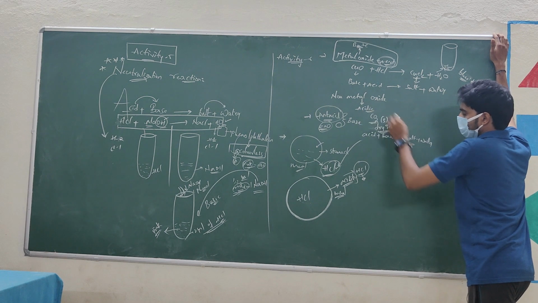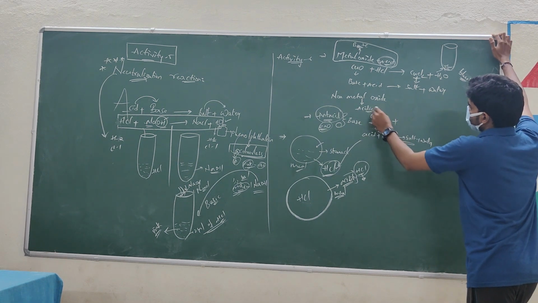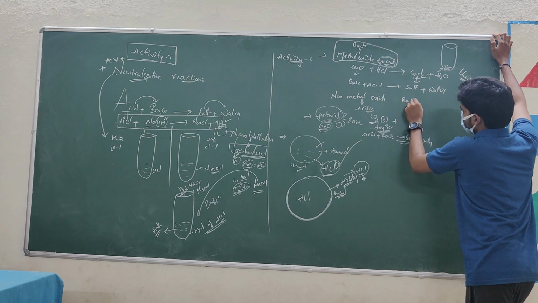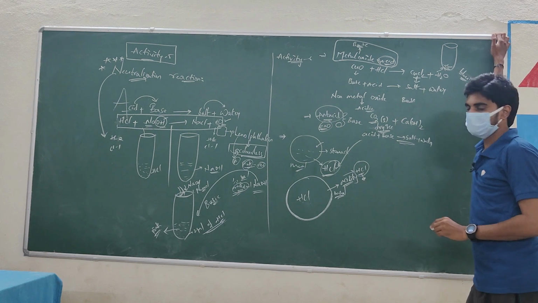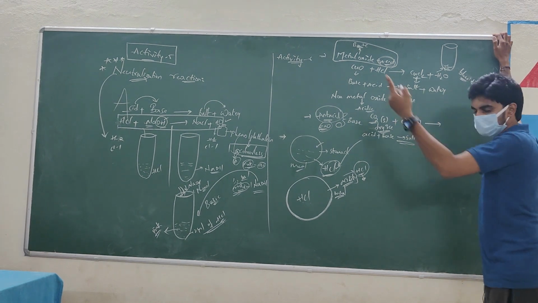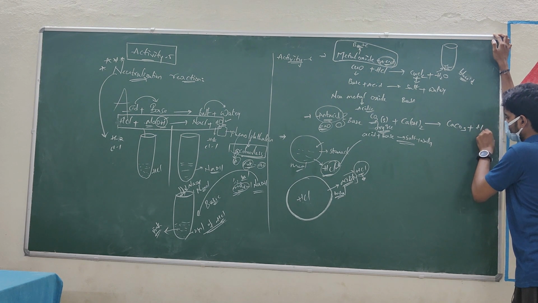Since it has an acidic nature, when this carbon dioxide is added to a base like calcium hydroxide, that is nothing but lime water, right? This reaction we did yesterday. We got a salt, that is calcium carbonate, and some amount of water gets generated.